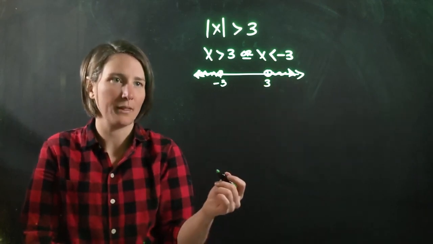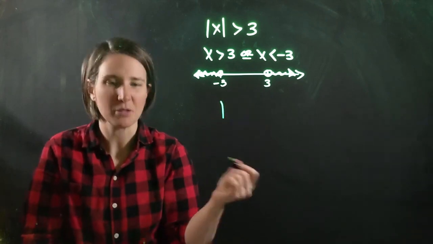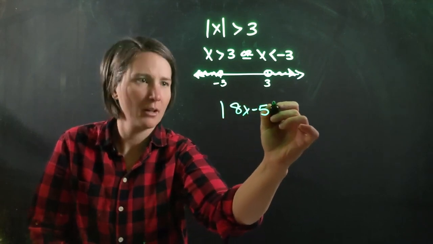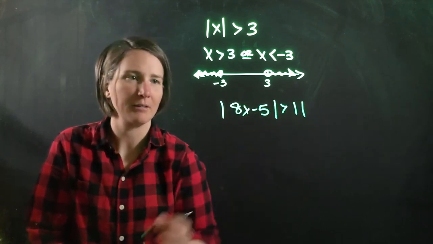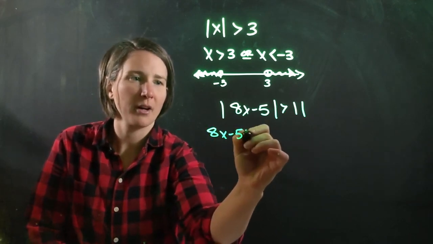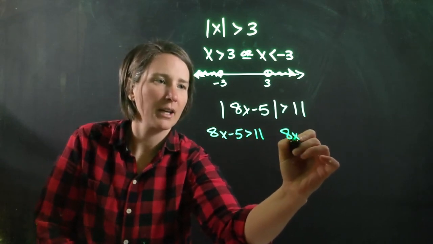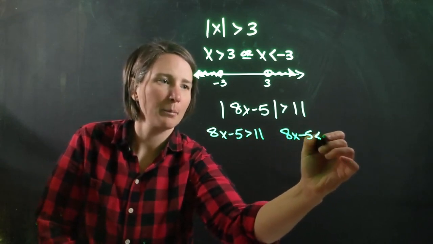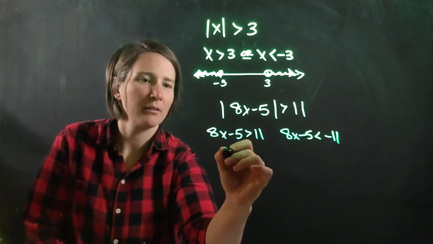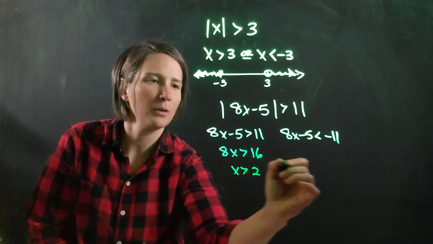Let's go ahead and do one that has a few more steps, I shouldn't say complicated. The absolute value of 8x minus 5 is greater than 11. So we have our positive version, positive distance, and our negative, 8x minus 5, flip, switch. Okay? So now we have 8x greater than 16, x is greater than 2.